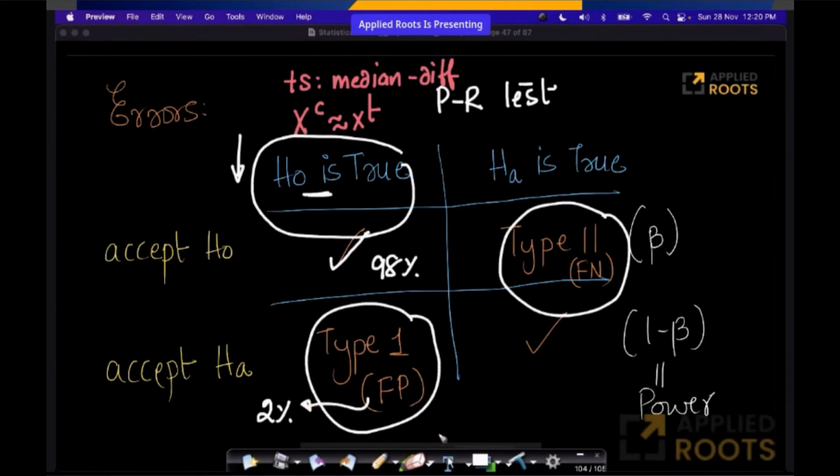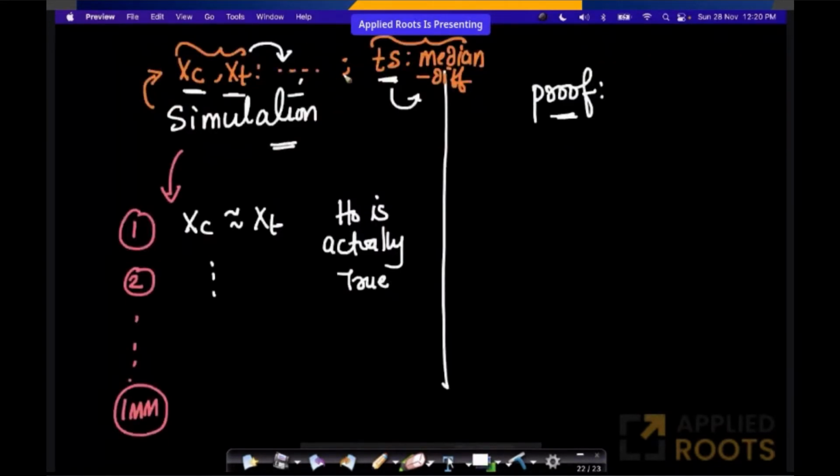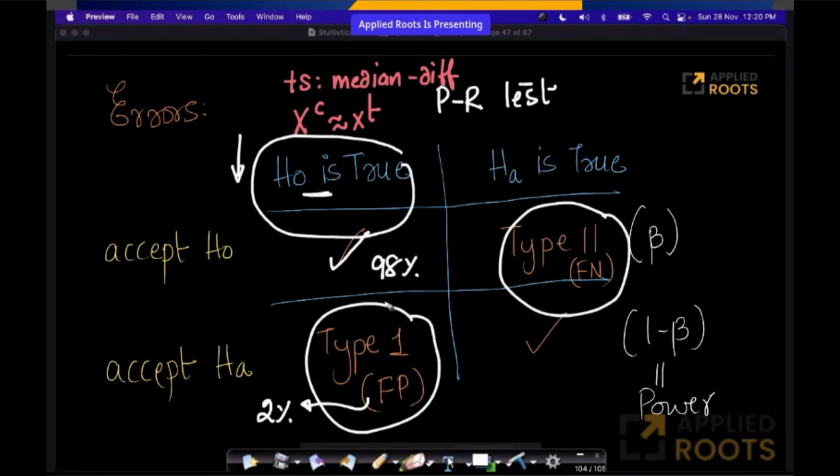Then we'll say, for our setup, when XC and XT come from these distributions, and for a given M and N, that's also important, sample sizes are also important, for a given test statistic, because this is all done through simulation, 2% of the times we have a false positive.